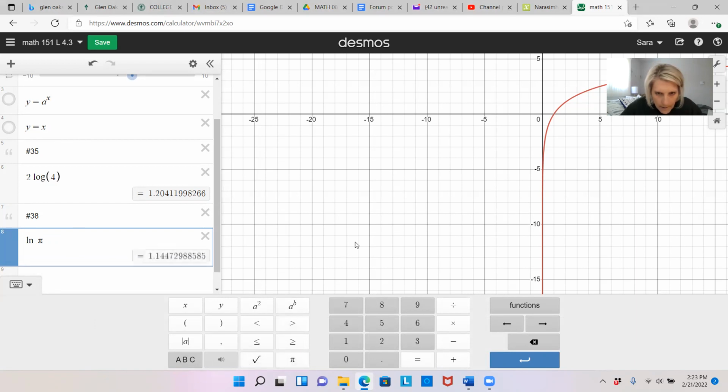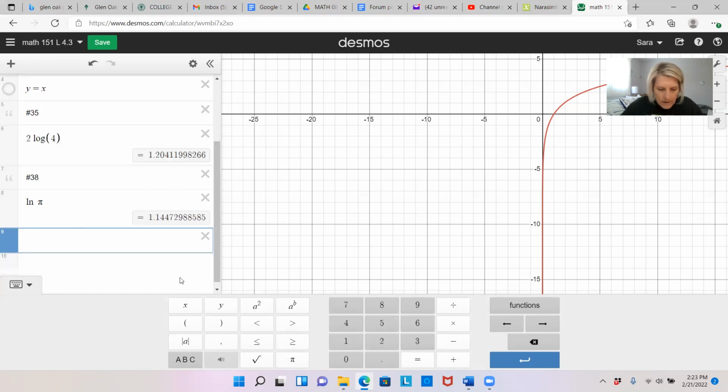We're going to click on pi. And it looks like the natural log of pi is equal to an approximation of 1.1447. And it said round answers to 4 decimal places. So 35 should have been 1.2041.